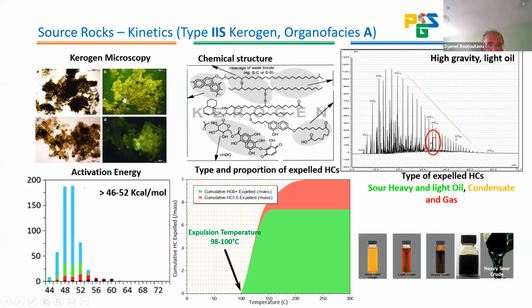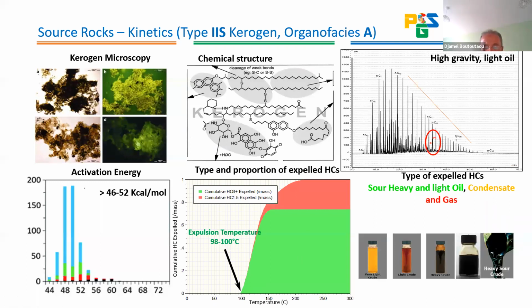On the left side, you see the kerogen composition, how it looks in an immature source rock. On this diagram is the activation energy required in the kinetics of your source rock. We can see it varies between 46 and 52 kilocalories, so it's quite low energy to start to crack.